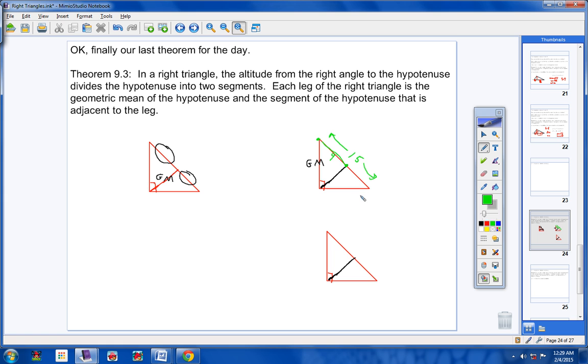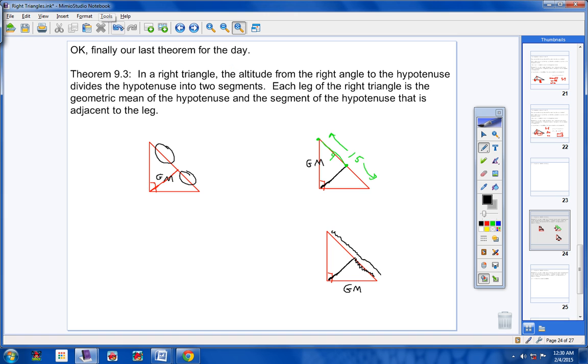Now I'm going to move on. It's the same thing down here, guys. This bottom leg, and that's why you had to draw two of these triangles, is the geometric mean of, are you ready? This length here and the entire length of the whole hypotenuse. Okay?